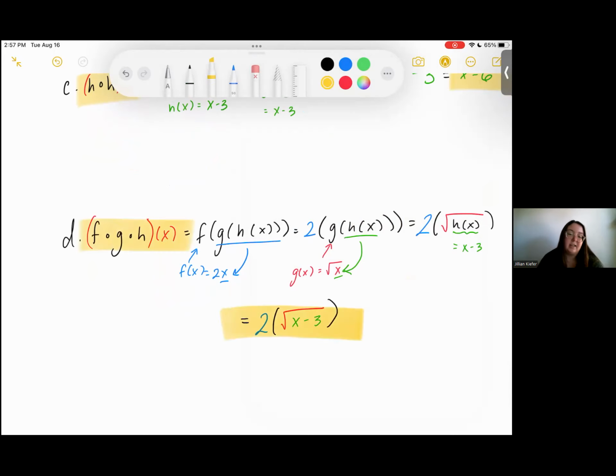And that would be that triple composition function there for this problem f of g of h. So we saw that double evaluation happen twice instead of just once. So we got our final answer of 2 times the square root of x minus 3. So, all right, that finishes up example 3. Let's go ahead and head on back over to our lecture.